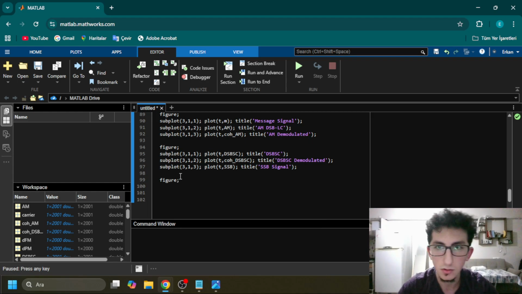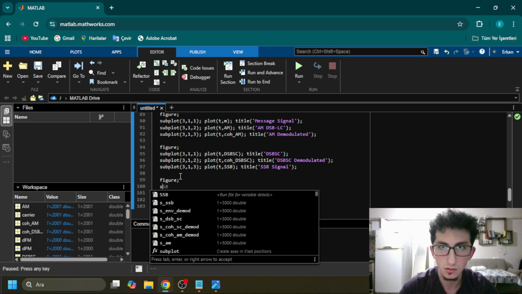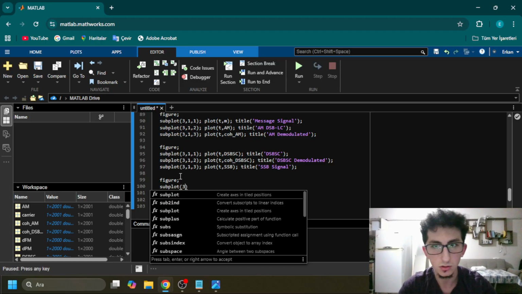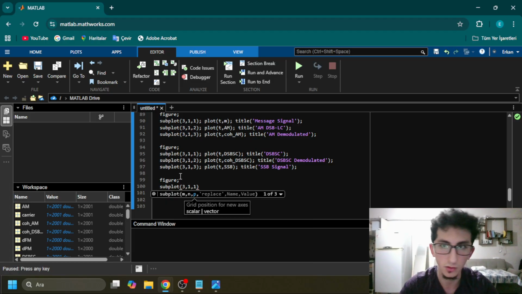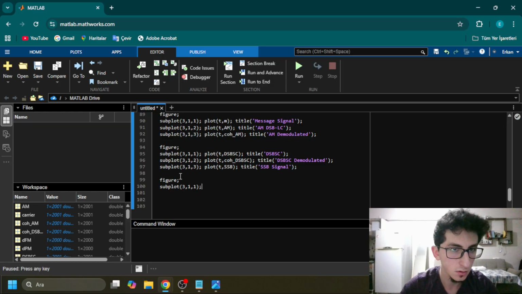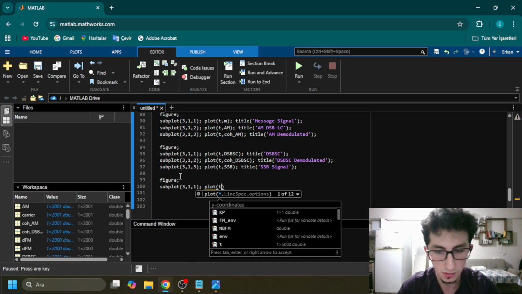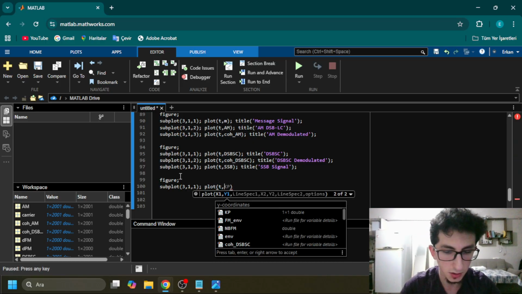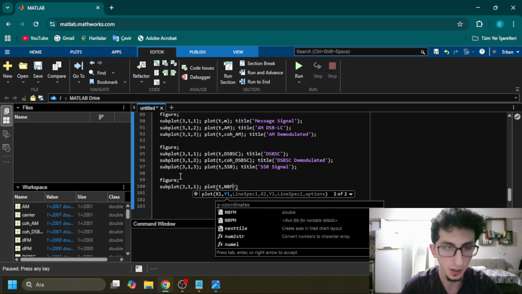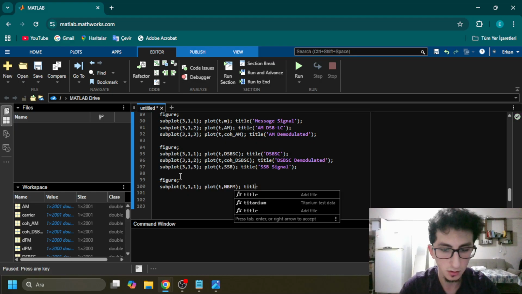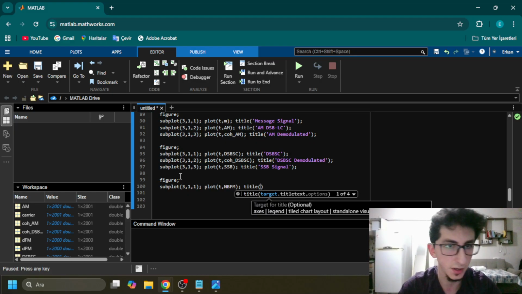Figure, subplot, plot 2, 1, 3, 1 and 1, and also plot T and BFM, and also the title, which is called MBFM.